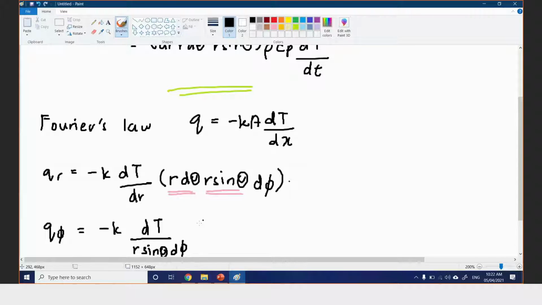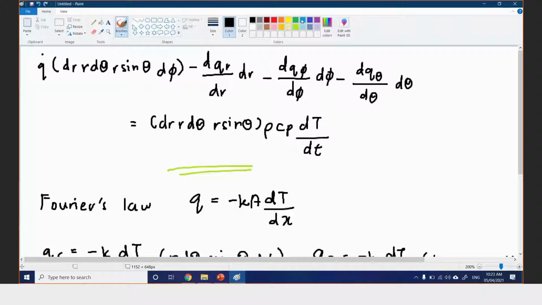So now that we have Q_r, Q_phi, and Q_theta, we can simply put all of these into here.